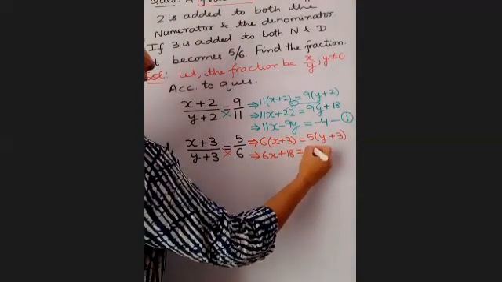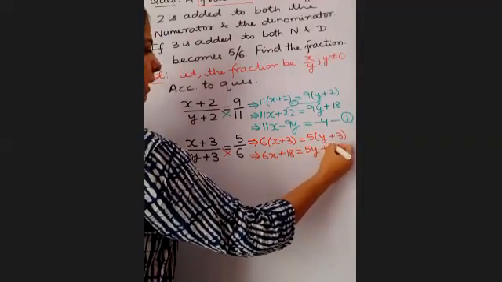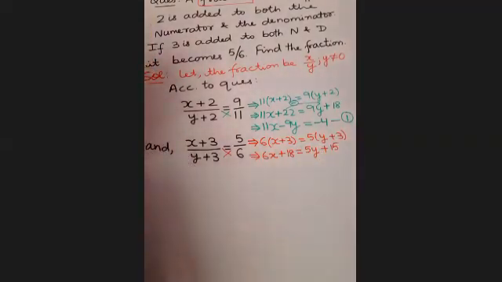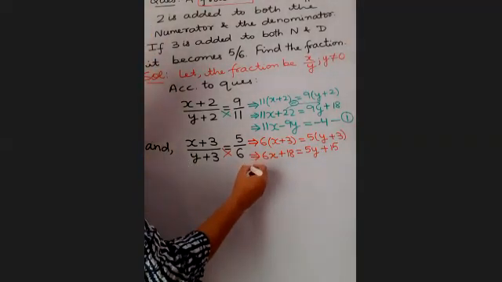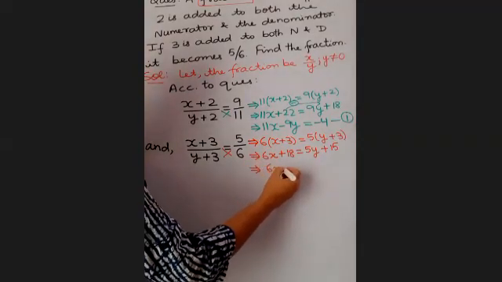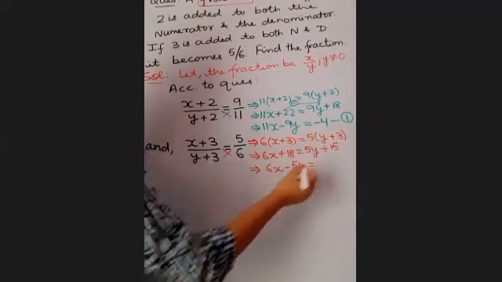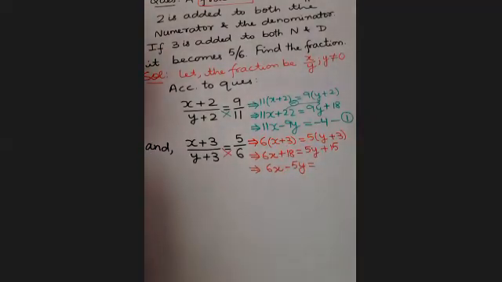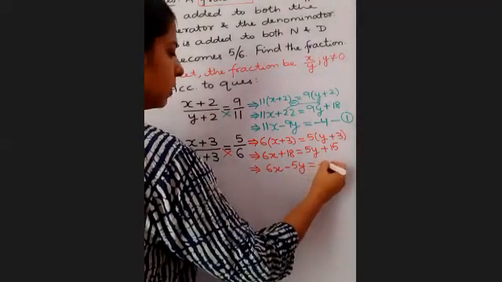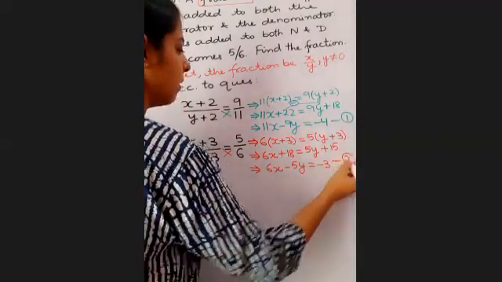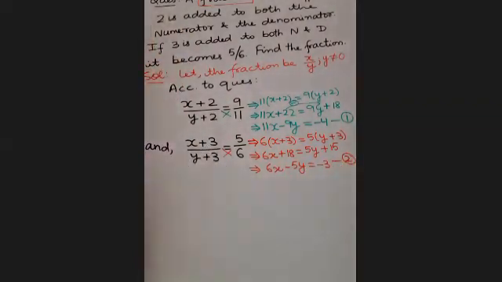This is 5y plus 15. Let us rearrange. Bring y on one side, so it will be 6x minus 5y. And 18 that side. 15 minus 18. Minus 3. So this is our equation number 2.